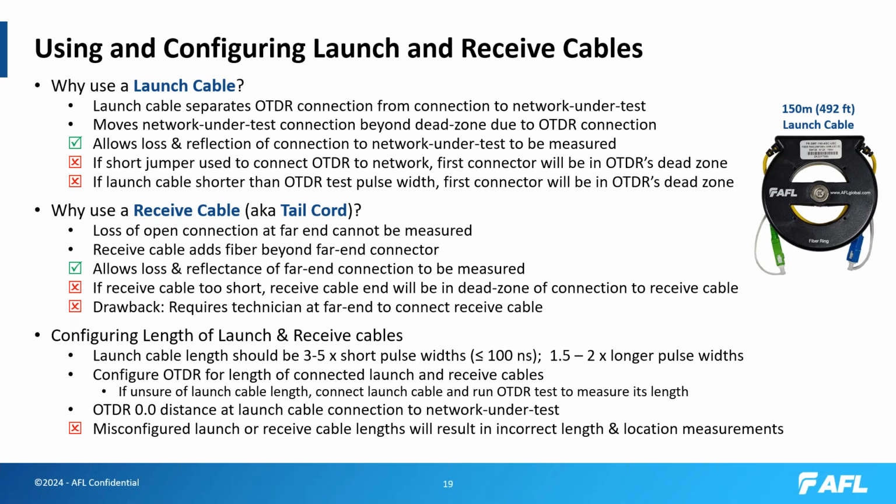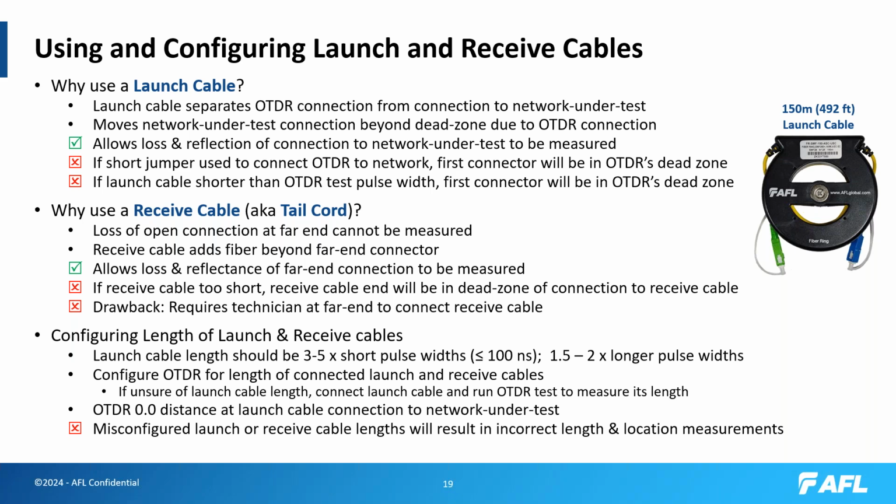Your OTDR distance measurement should be reported as 0.0 at the end of the launch cable. So if you use a 150 meter launch cable and you've configured the FlexScan OTDR to indicate the presence of a 150 meter launch cable, 0.0 meters or 0.0 feet won't be at the OTDR, it will be at the launch cable connection to the network under test.